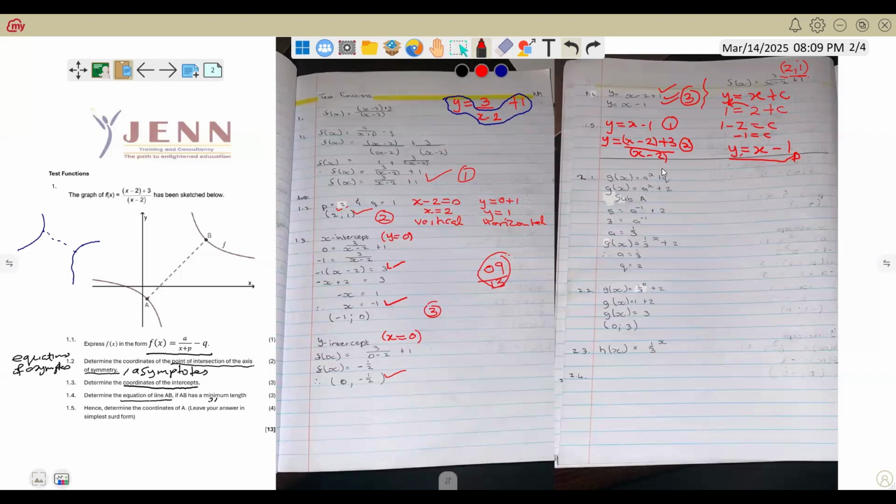Would it be wrong if I use mine? Even if, let's say, my simplified one was wrong, but I used it in this equation in the right way, would I not get the mark, what's that mark called, where you are marked based on your previous answer, recognizing that you had the right idea but a wrong answer from the previous question?